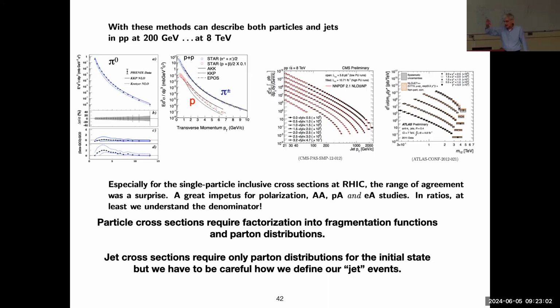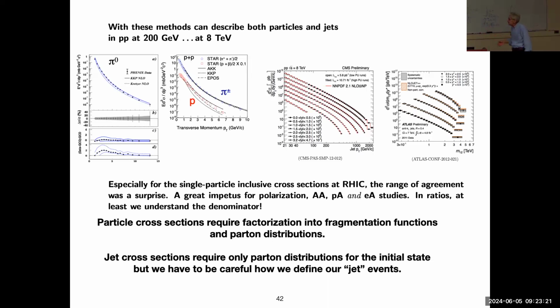Let me see a pion at a given transverse momentum, or I'll see a spray of particles, a jet of particles. These are things that, using different methods, we can calculate.